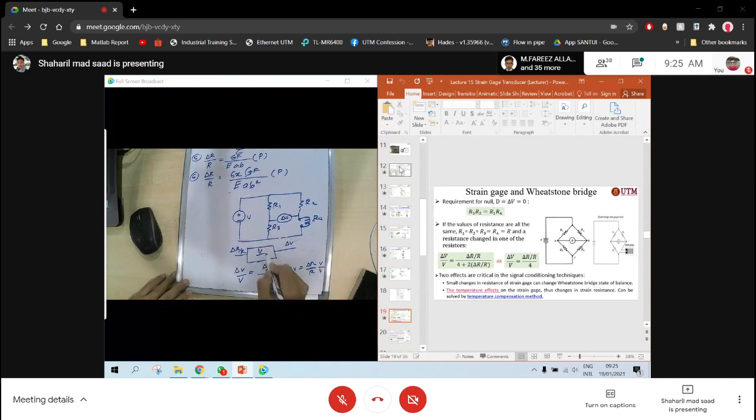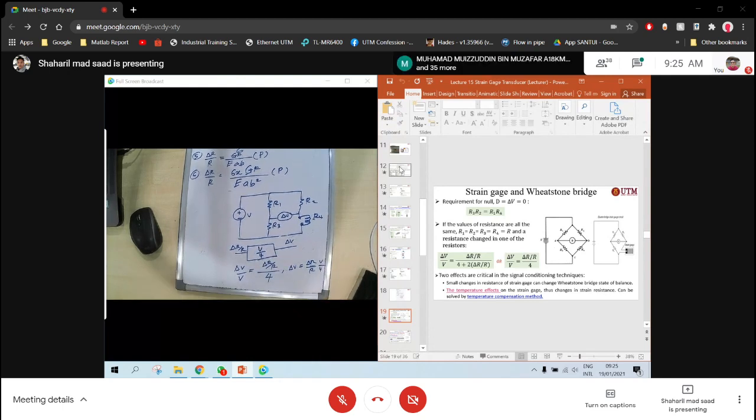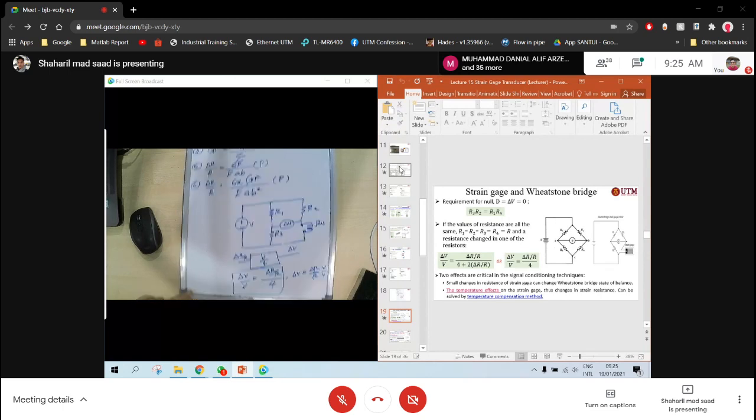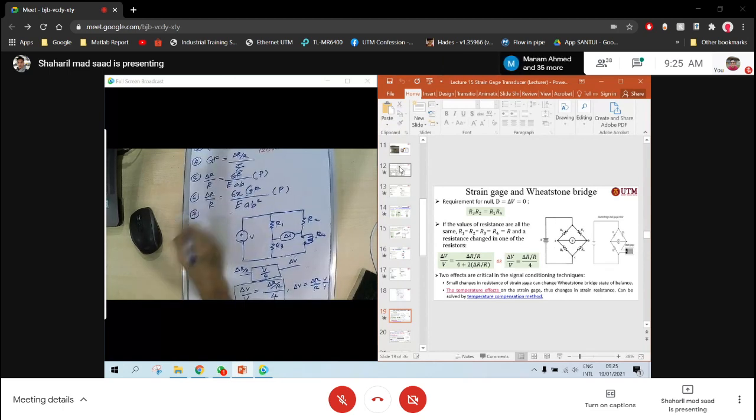So this can be V over 4 here. Simple. So the next formula, number 7, will be delta V over V equal to delta R over R divided by 4. So this is what you get when you apply the strain gauge.